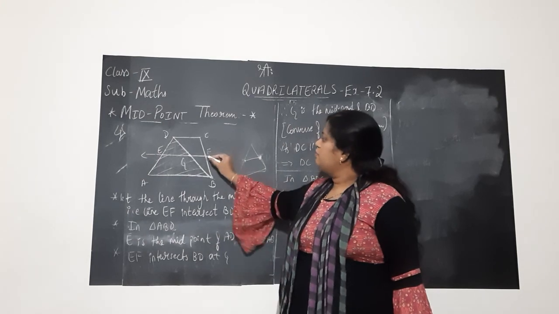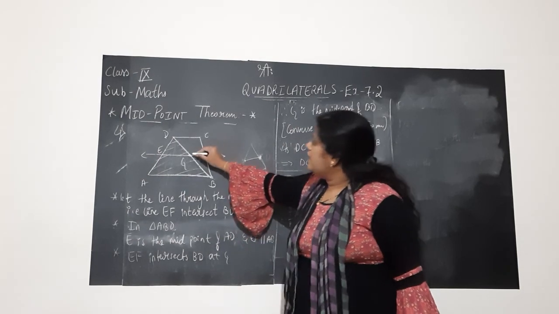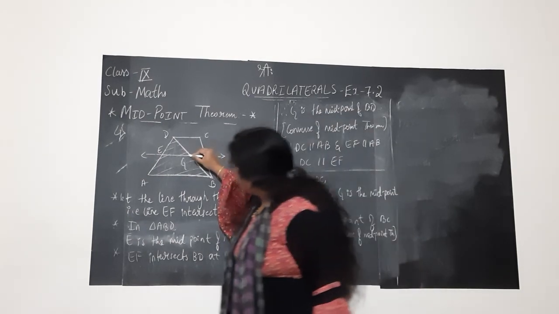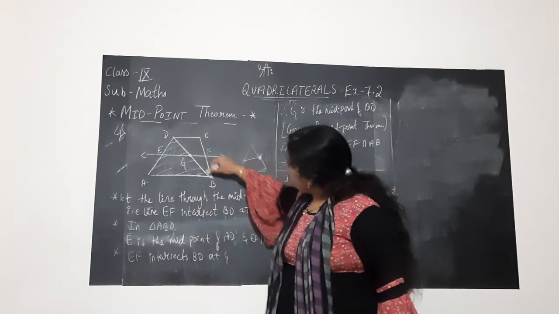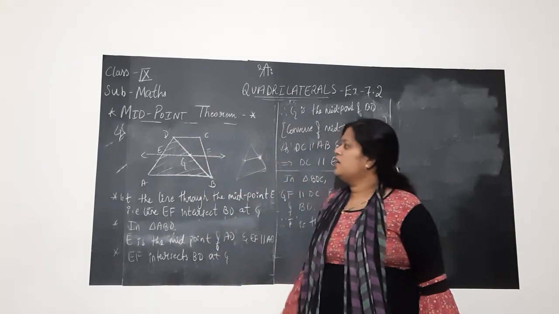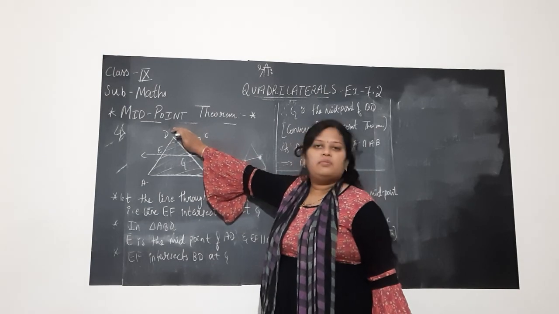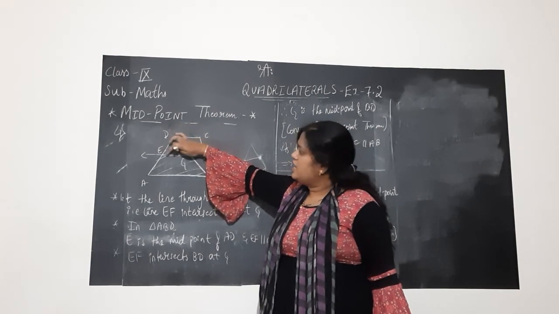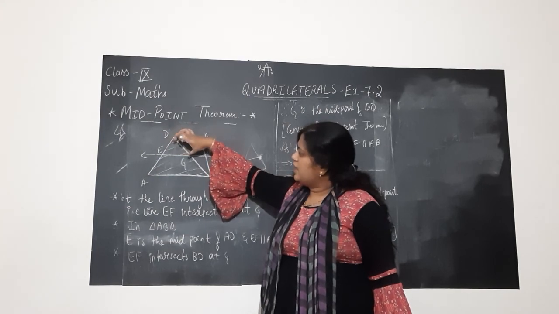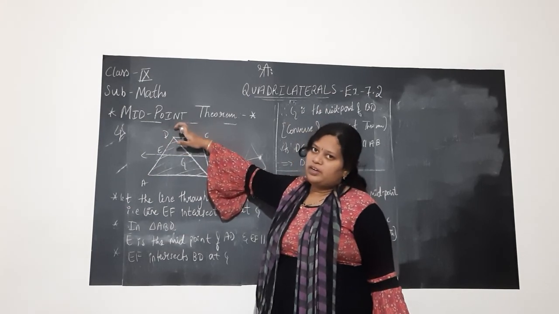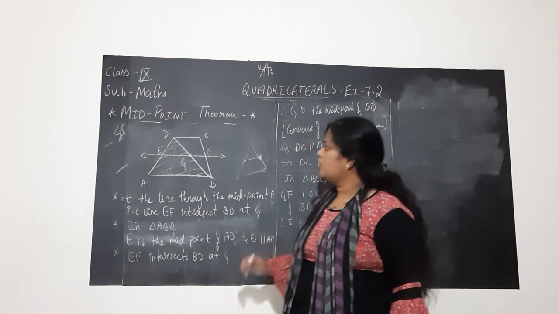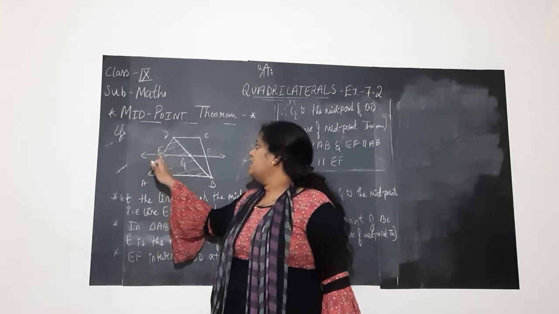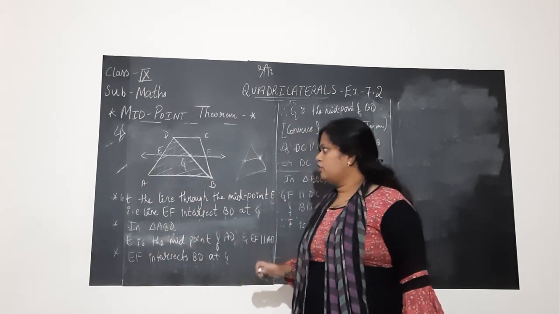Now, before going to point F, let us consider this midpoint of BD, which is G. Forget the rest of the trapezium for now. What you can see is triangle ABD. E is one midpoint, and G, according to the midpoint theorem, is the second midpoint. So we label this G.